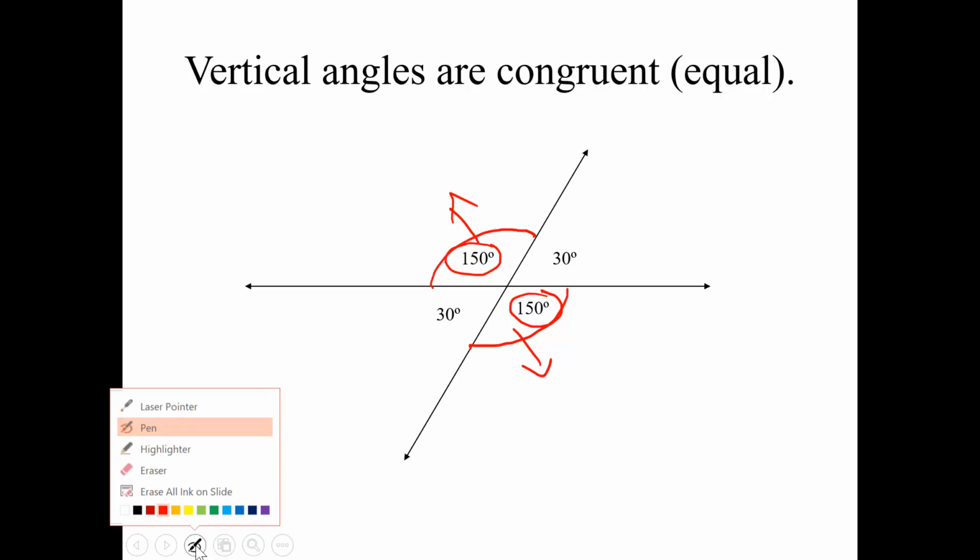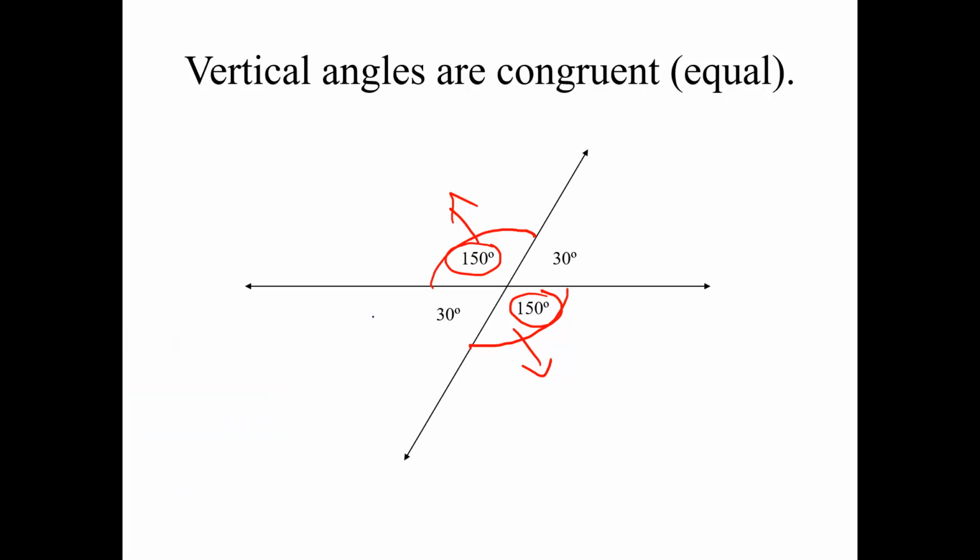The same thing with this angle here and this angle here. These two angles are also opposite, going that way and the other way. Because they are opposite, these two angles are pairs of vertical angles, and they will have the same exact size. Here 30 degrees, and this is also 30.